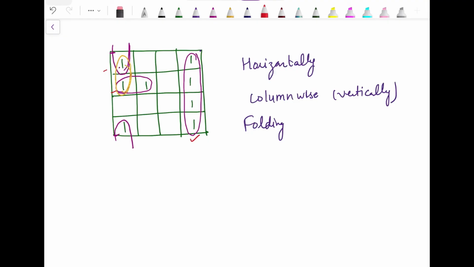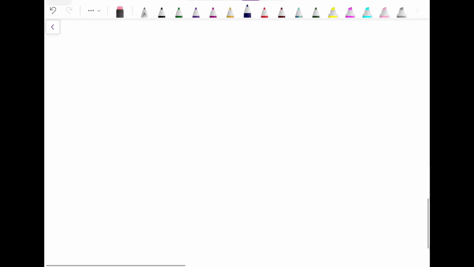So if we have the expression given in the form of POS, that is product of sums, then what to do in that case? Again, we need to make the same type of K-maps.